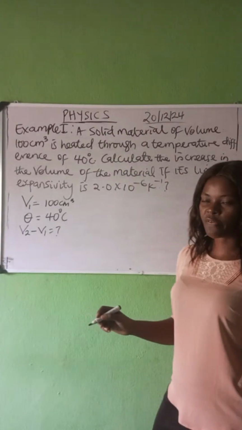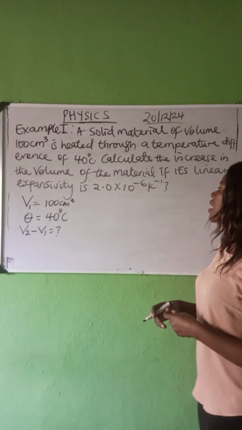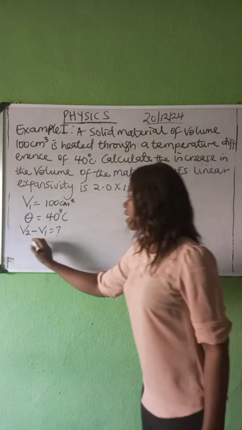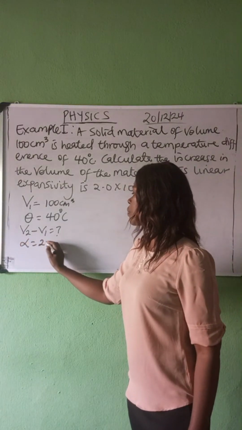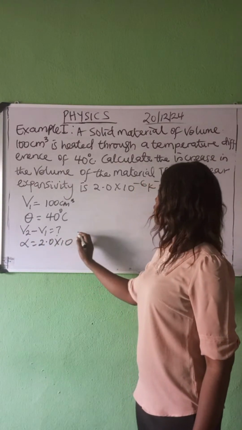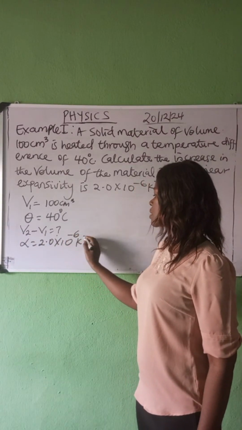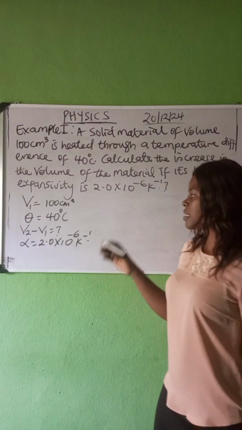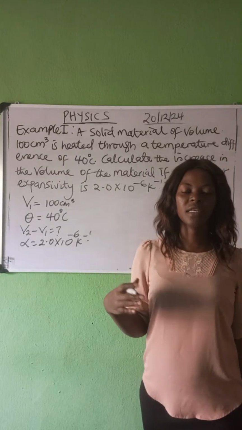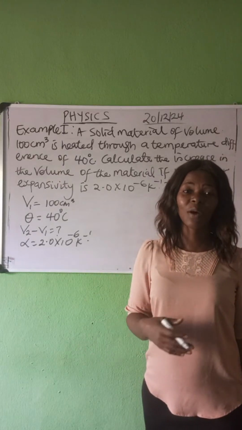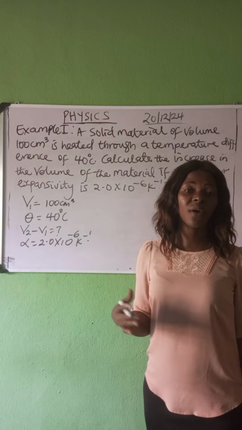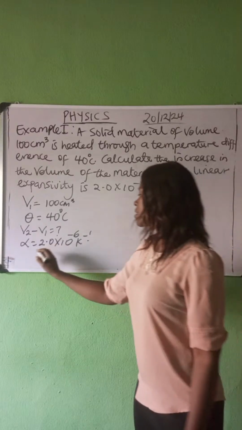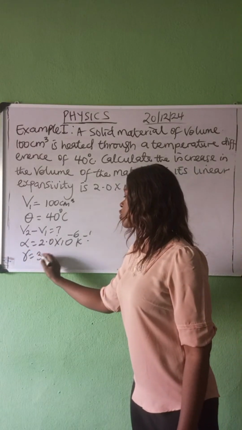That is what you are looking for. If linear expansivity, that is alpha, is given as 2.0 times 10 raised to the power of minus 6 per Kelvin. Now I told you that if you are looking for anything under volume expansivity, gamma will not be given. They are going to give you alpha, and there's a relationship connecting alpha and gamma, that gamma is equal to 3 alpha.